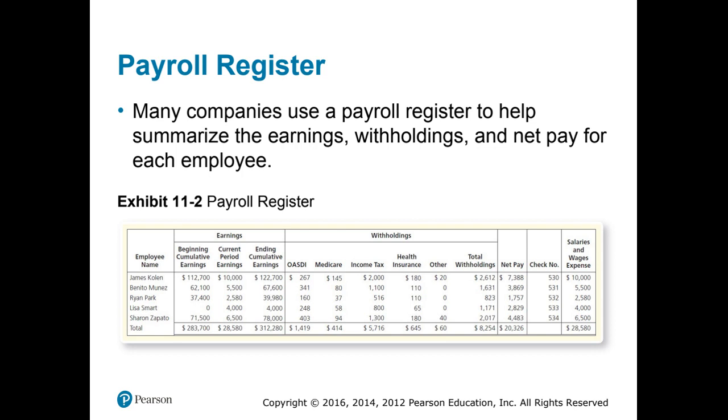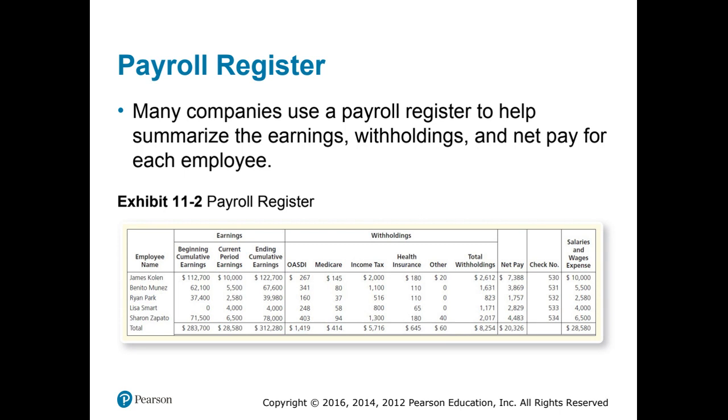Payroll register. So many companies use a payroll register to help summarize the earnings, withholdings, and net pay for each employee. And so here we're looking at our payroll register. This is also on page 564. So on our payroll register, we have a list of our employees.